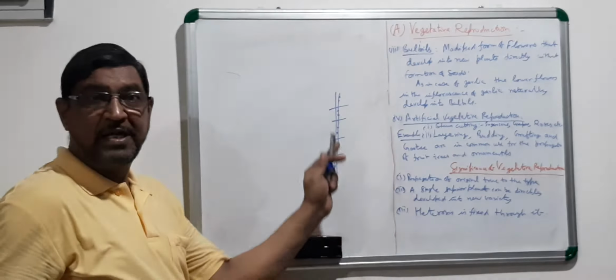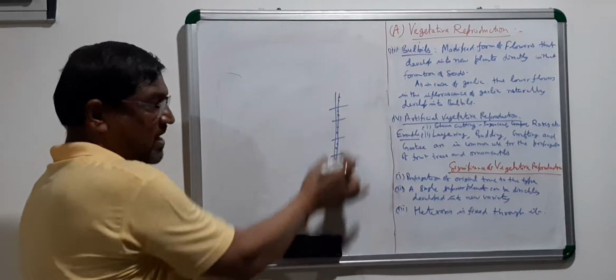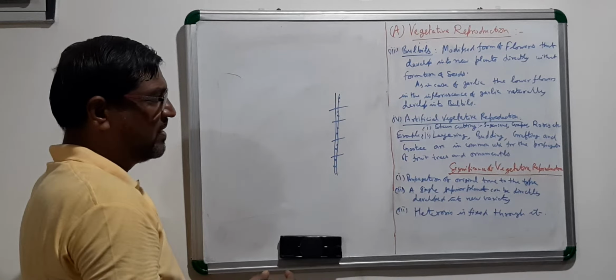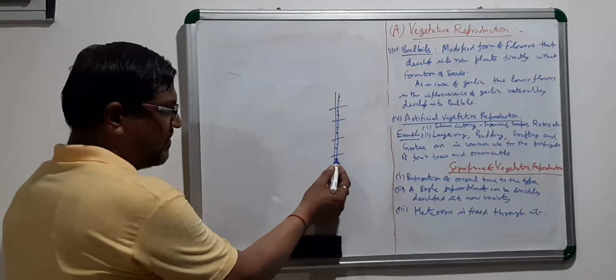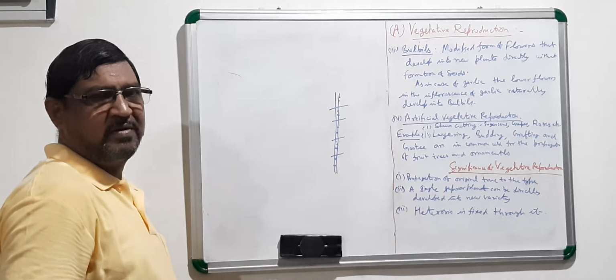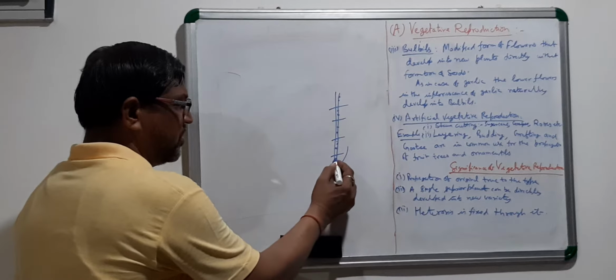Say for example, in the case of sugarcane. In sugarcane, this is the plant. You have cut it into pieces, and these cuttings are having the buds, and these buds, if you are planting in the soil, they are giving rise to a new plant.